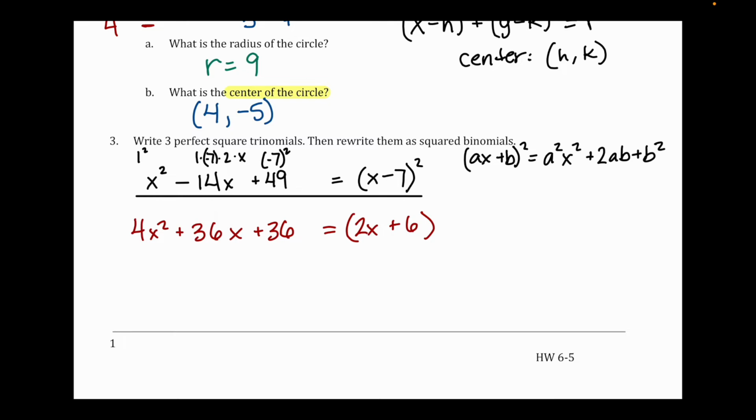Oh, I multiplied by 6 again. It's not 36. See, I'm making mistakes here. If I have 2 times a times b, my numbers here are a is 2 and b is 6. 6 times 2 is 12, times 2 is 24. Look at me messing up. There we go. So this would be a second one.